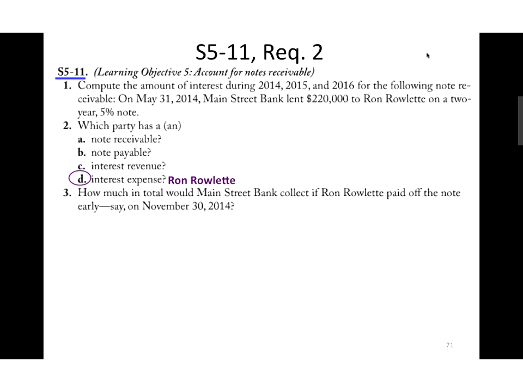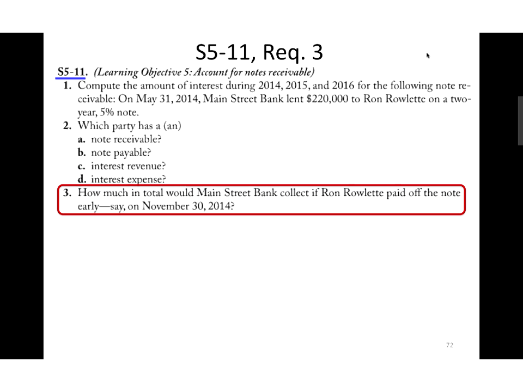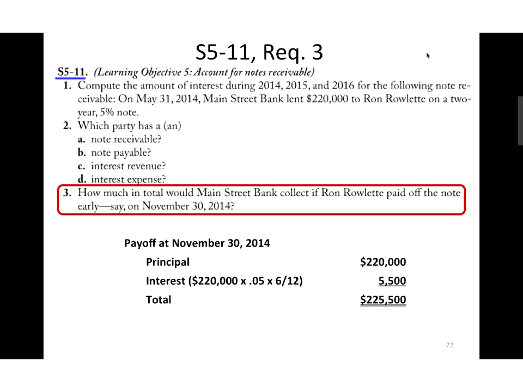Now, the last part of this question: how much in total would Main Street Bank collect if Ron paid the note off early? So the note is made May 31st, 2014. In this question, it's asking how much would the bank collect if Ron paid the note early on November 30th. So what Ron's going to pay on November 30th is the principal of $220,000. He will also have to pay interest for 6 months. Why 6 months?